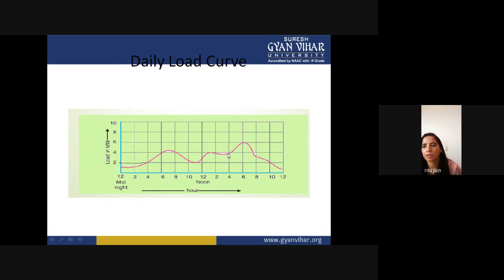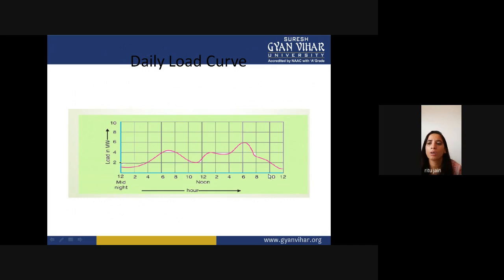After that, it is almost constant, and again it reaches a peak at 6 p.m. After 10 p.m. in the night, it reduces and becomes almost constant for 2 or 3 hours.